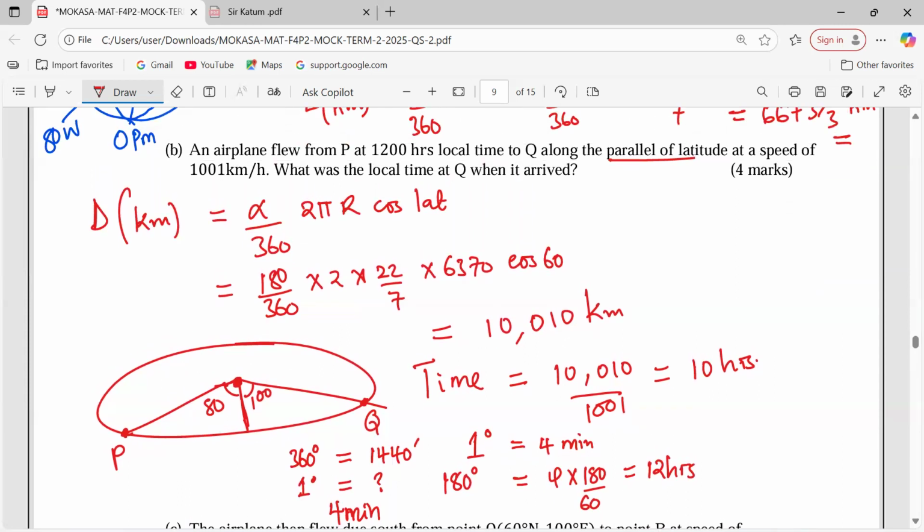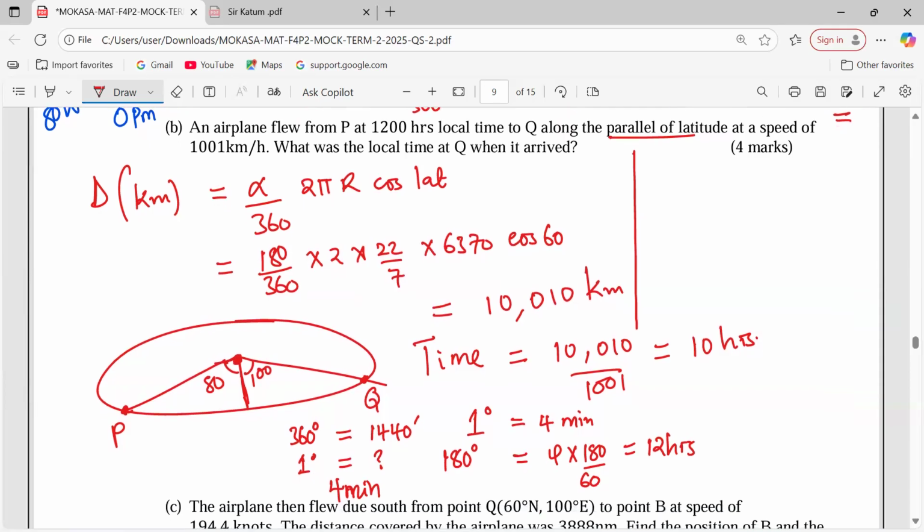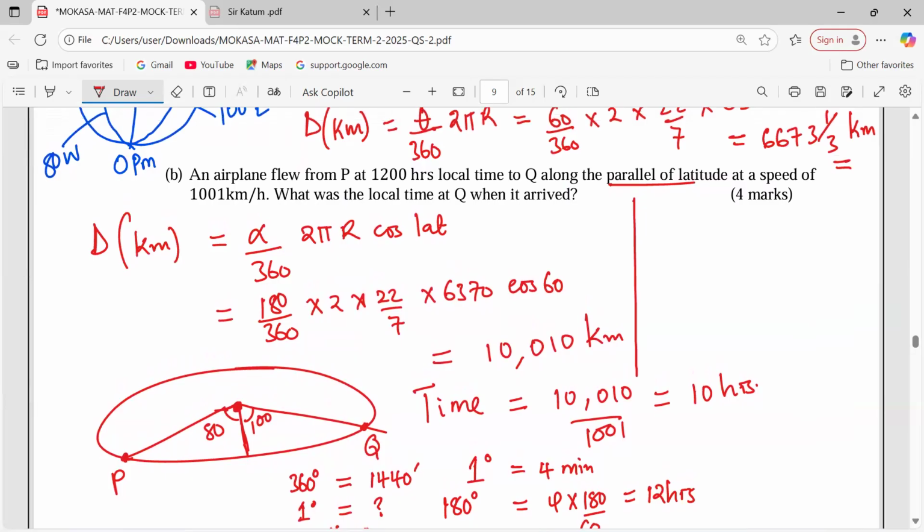If it's ahead in time, then when it was 12 noon at P, at Q this time corresponds to 12 plus 12, which is 00 hours.